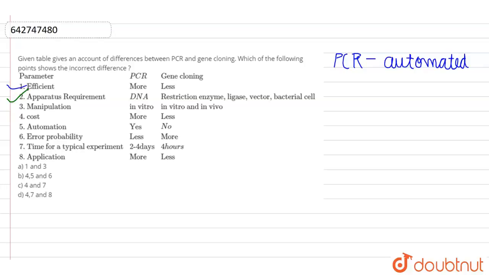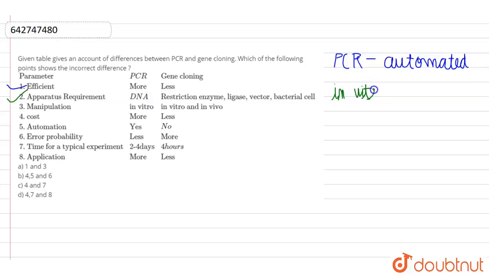Now the third point of difference is based on manipulation. It says that PCR is in vitro, gene cloning is in vitro and in vivo. So let us first understand what is meant by in vitro and in vivo. In vitro means lab, under lab conditions, artificially.